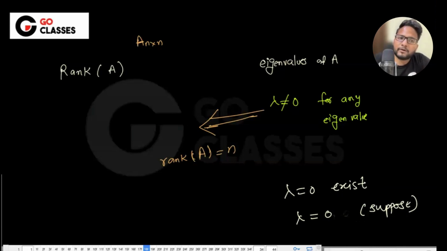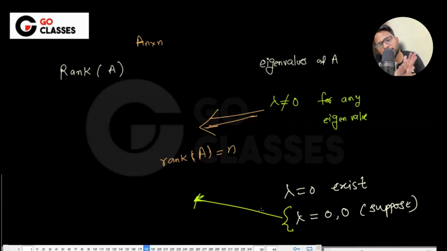Can anyone tell me how many linearly independent eigenvectors will be there corresponding to lambda equal to 0? If it is just repeating one time, then 1. Great. If it is repeating two times, then you don't know, right?